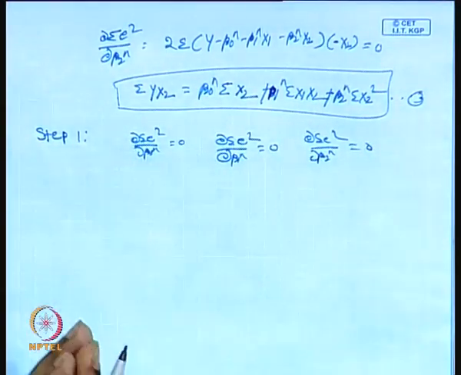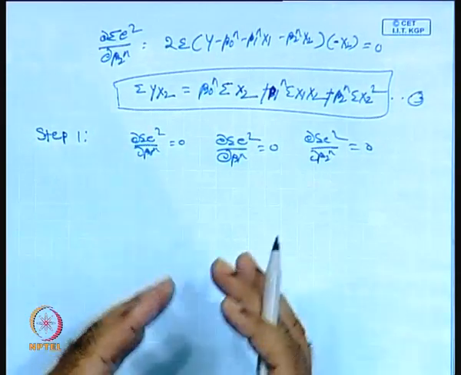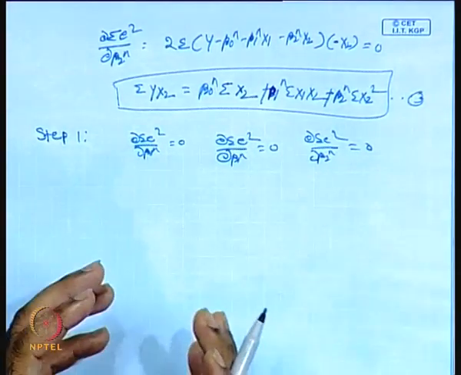Simplifying, we have three different equations corresponding to beta 0 hat, beta 1 hat and beta 2 hat. Clubbed together, this problem is in a 3 by 3 format, a simultaneous equation system of order 3, with 3 parameters and 3 equations. So this system is consistent and we can get a solution.